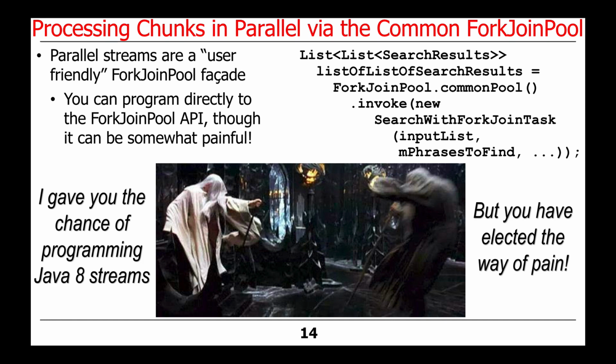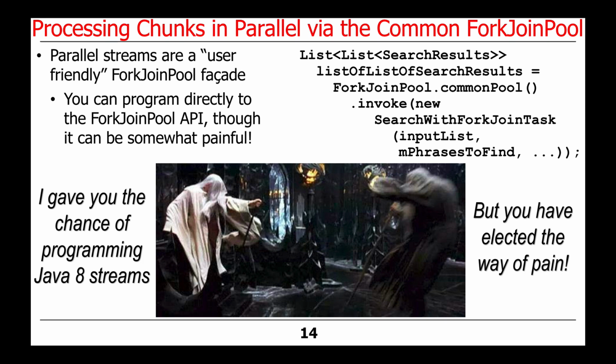It is possible to program the fork join pool API directly, as you were doing, but as you will see, it is painful. I think you'll see when we do assignment 3 how much your code just evaporates, even though you're going to be using sequential streams in conjunction with a fork join pool. So it's not hideously complicated. It's way, way simpler just to use the parallel streams framework. All the other stuff just disappears.